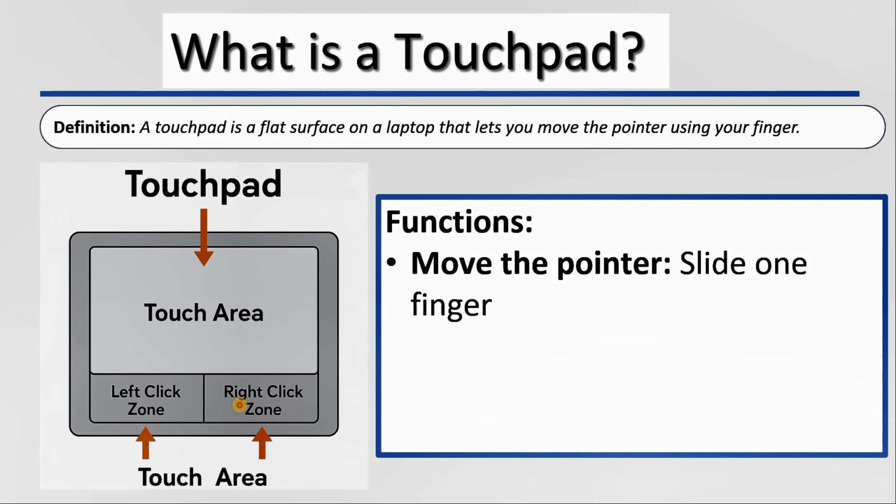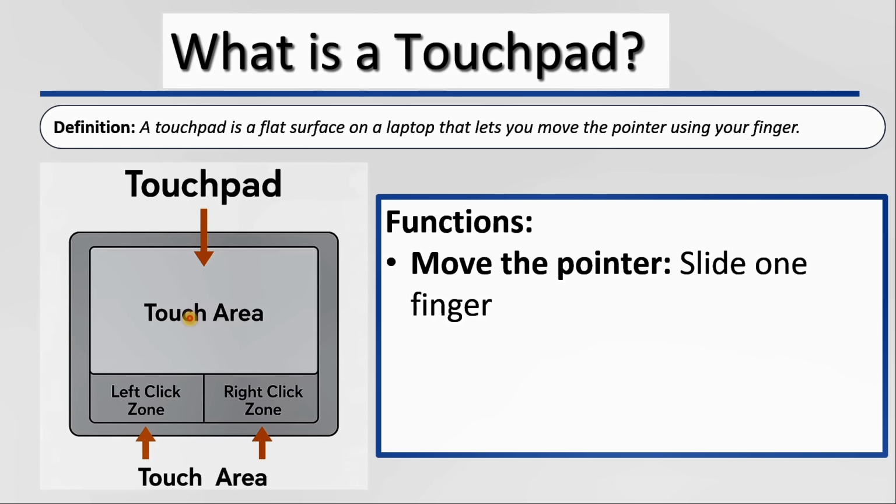The first function of a touchpad found on the laptop is that we use the touchpad to move the pointer. You see, when you slide one finger across this touch area of the laptop's touchpad, the arrow on your screen moves. That's called moving the pointer.